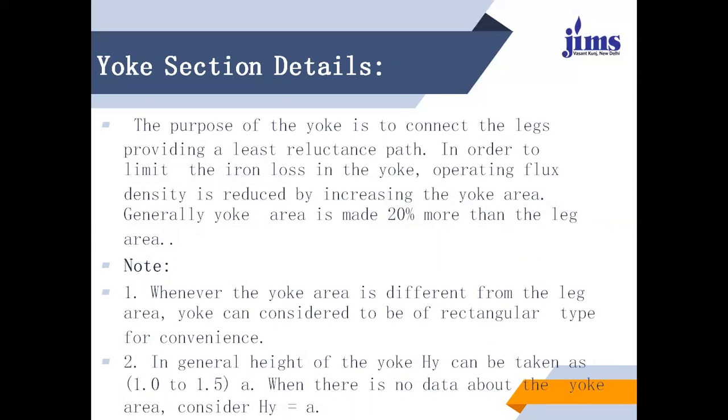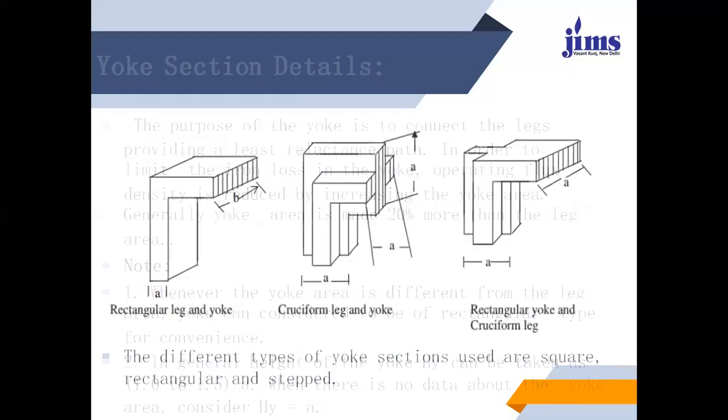Notably, whenever the yoke area is different from the leg area, the yoke can be considered rectangular for convenience. In general, the height of the yoke Hy can be taken as 1 to 1.5 times A. When there is no data about the yoke area, consider Hy equal to A.